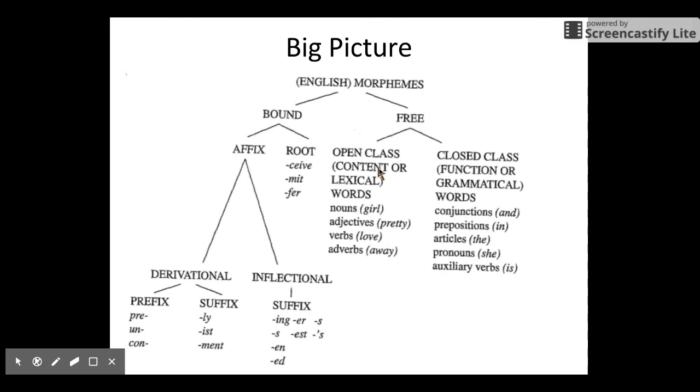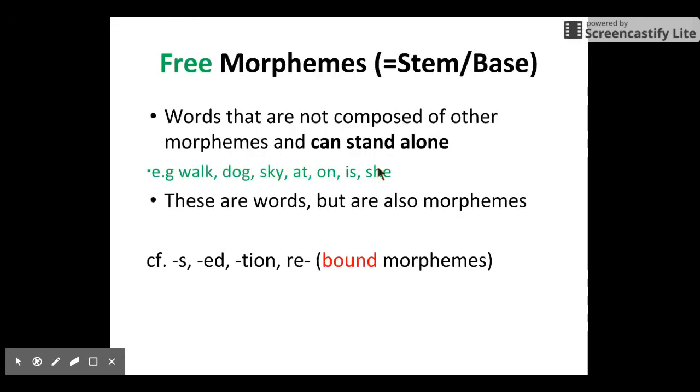Free morpheme first. Free morphemes can stand alone by themselves. So words are also free morphemes, and free morphemes are also named as stem or base. So they are words, but they are also morphemes.